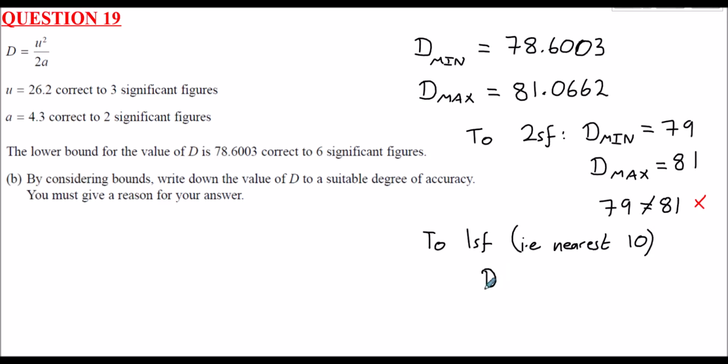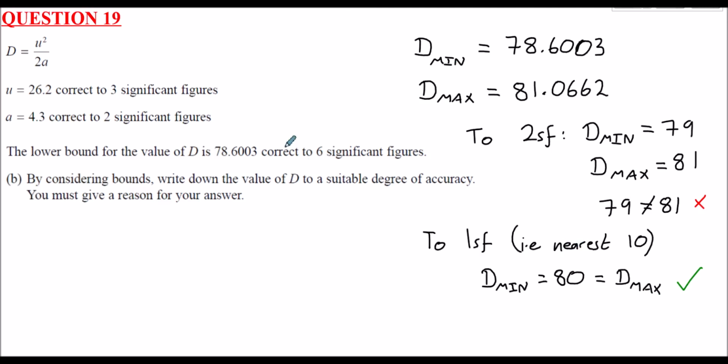So D min, that's 7, which represents a 70, would round up to an 80, because the 8 is 5 or higher. So D min would round to 80. And D max, which is about 81, to the nearest 10, is also 80.